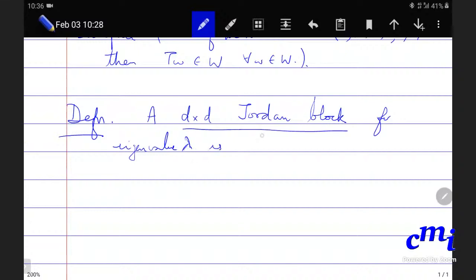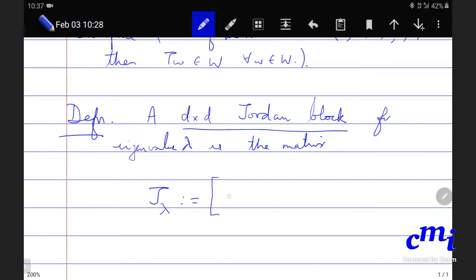It is a matrix, so I'll write J sub lambda. D will be implicit from the matrix itself. By this we mean an explicit matrix. What D is will become clear when you write the matrix. It's the size of the matrix.